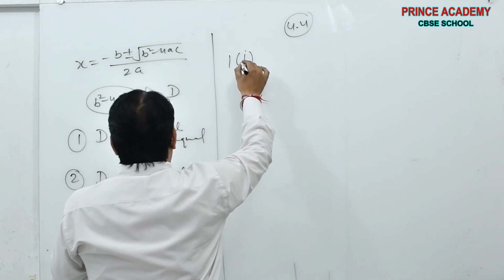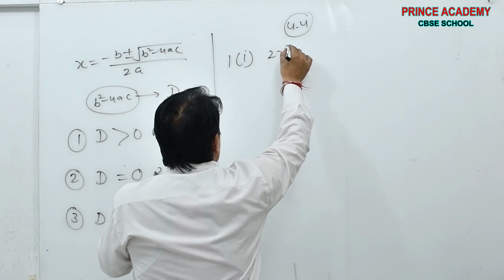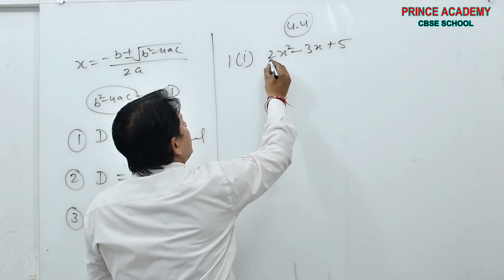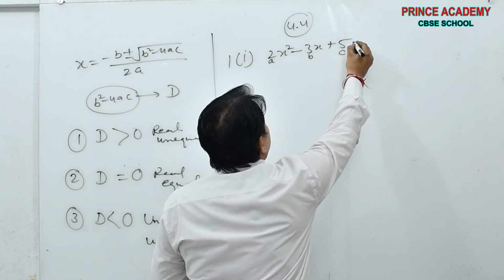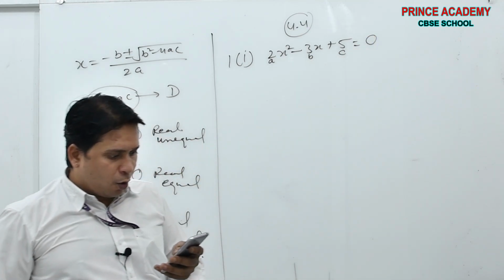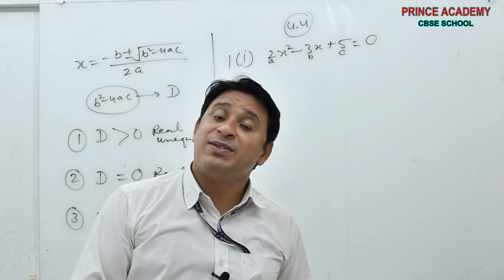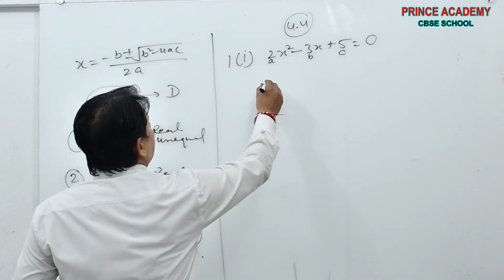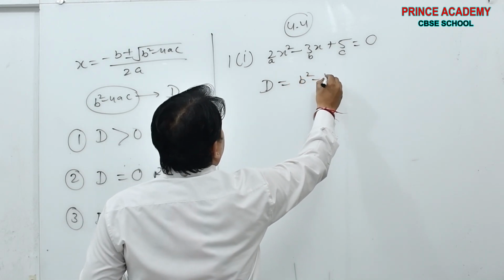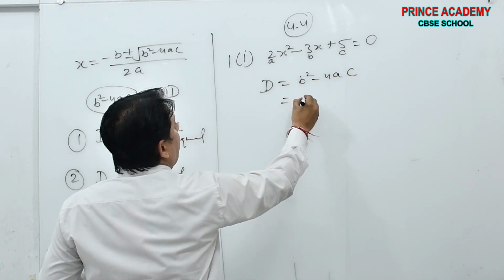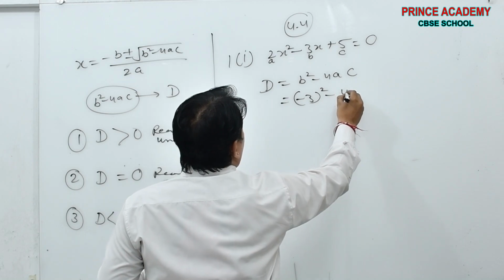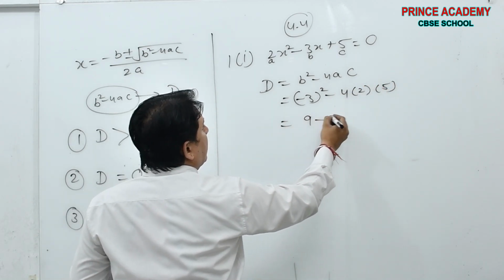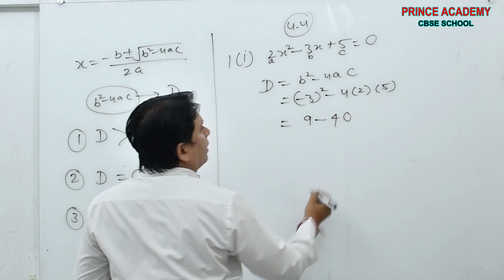First question, first part: 2x square minus 3x plus 5. See, this is A, this is B, this is C. Yes or no? Okay. Compare with the standard form. We have to find the nature of roots here. What will D be? D is B square minus 4AC. 9 minus 40.